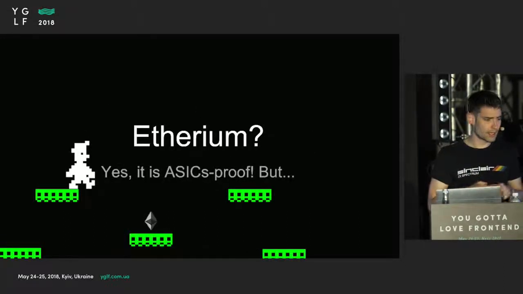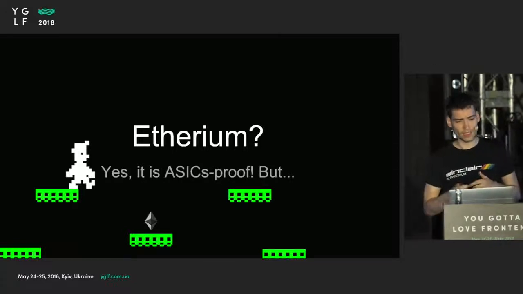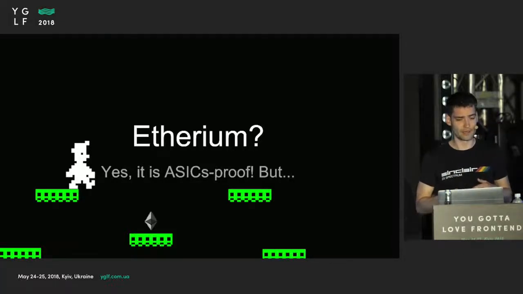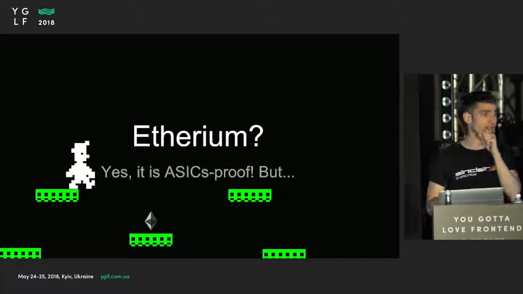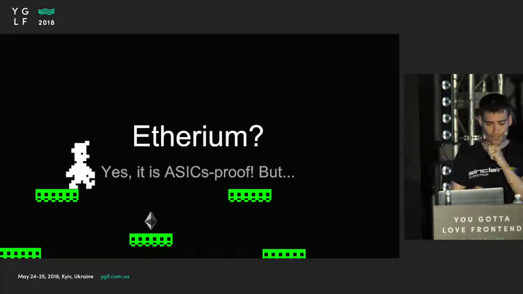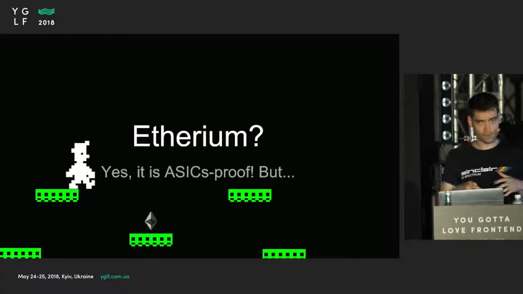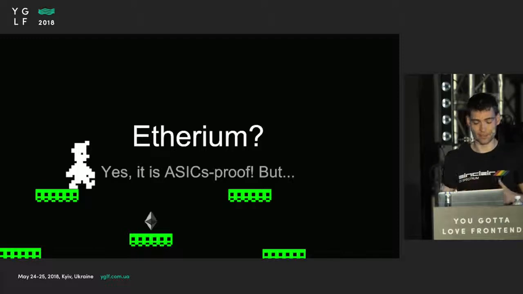And then I was disappointed and started to look for alternatives. Of course, the first alternative was Ethereum. Let's try to mine Ethereum because Ethereum is a second-generation cryptocurrency. It's ASIC proof. Basically, it has an algorithm which is not possible to reproduce with these special circuit boards, or it's going to be as expensive as a PC, more complicated.